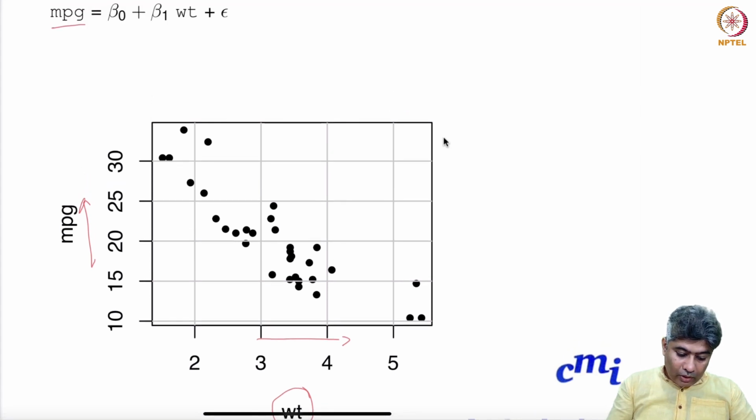So the model that we are fitting is miles per gallon as a function of weight: miles per gallon equals beta naught plus beta 1 times weight. Beta naught will be the intercept term, and beta 1 is the slope.